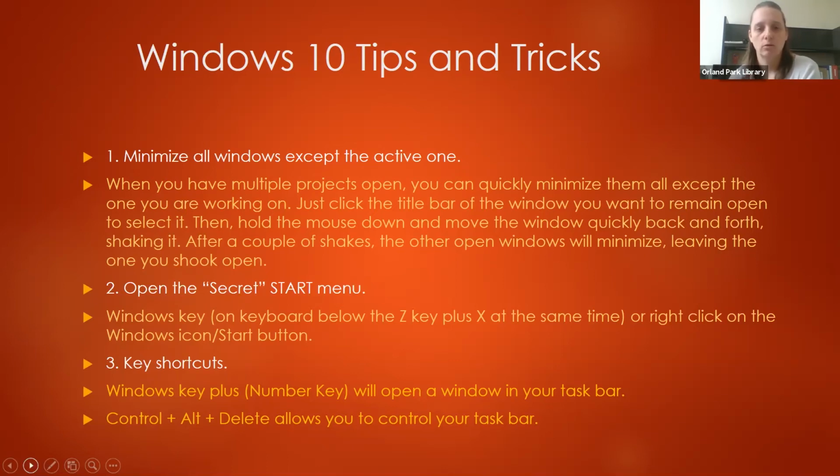You take your mouse and you're going to move your mouse over to the window that you want to keep open. And you are then going to shake it back and forth, kind of quickly. And after a couple of shakes, the other windows just automatically minimize. And they just leave the one that you were working on, the one that you just shook, open on your computer. So I'm going to share that with you right now.